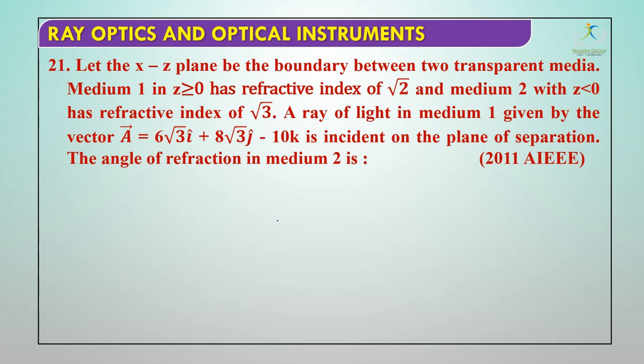A ray of light in the medium 1 given by the vector A is equals to 6 root 3 i cap plus 8 root 3 j cap minus 10 k cap is incident on the plane of separation. The angle of refraction in medium 2 is 75 degree, 30 degree, 45 degree, 60 degree.